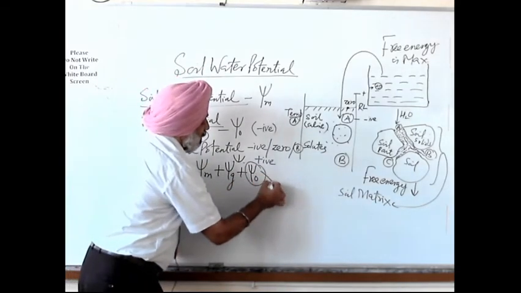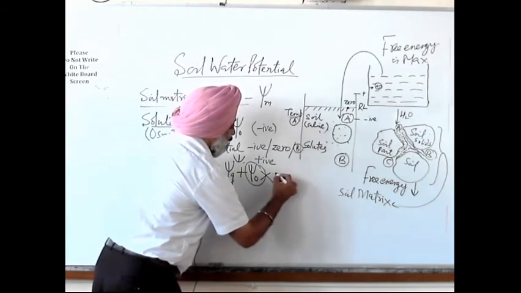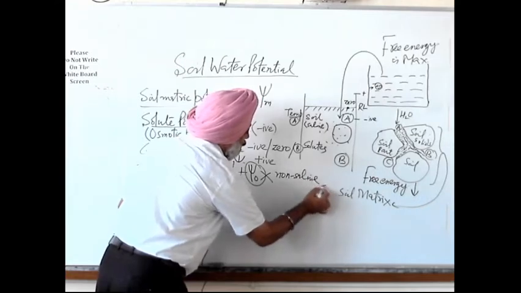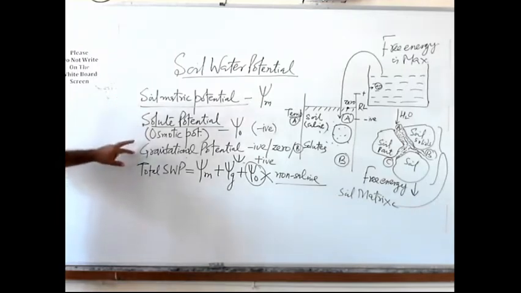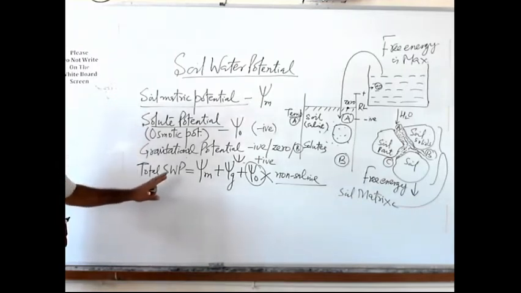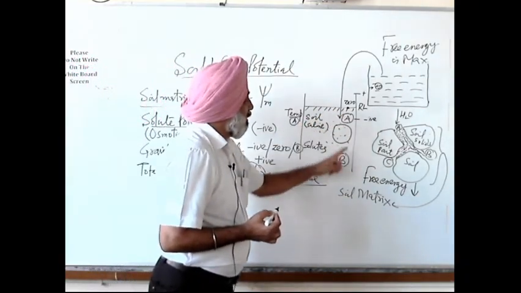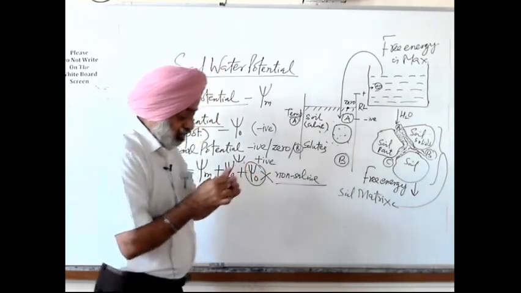We can remove this component if your soil is non-saline. So mainly the movement of water in the soil is governed by these 2 components, and ultimately it is the total soil water potential at the 2 points which determines the direction of flow of water.